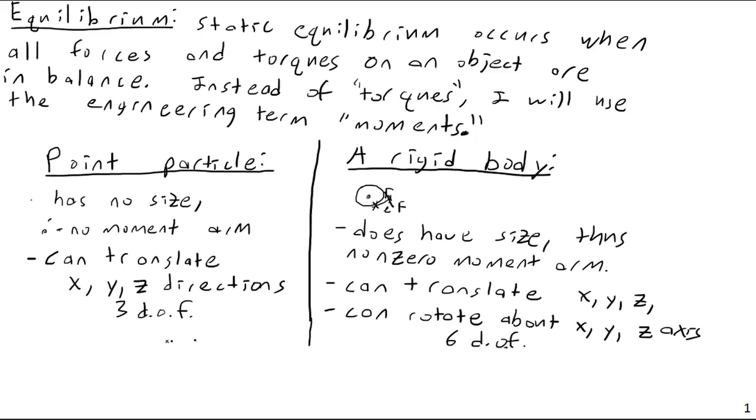Fundamentally, to be in equilibrium, all of the forces and all of the torques applied to an object have to be in balance. So for the point particle, the sum of forces in the x direction equals the sum of forces in the y direction equals the sum of forces in the z direction equals 0.